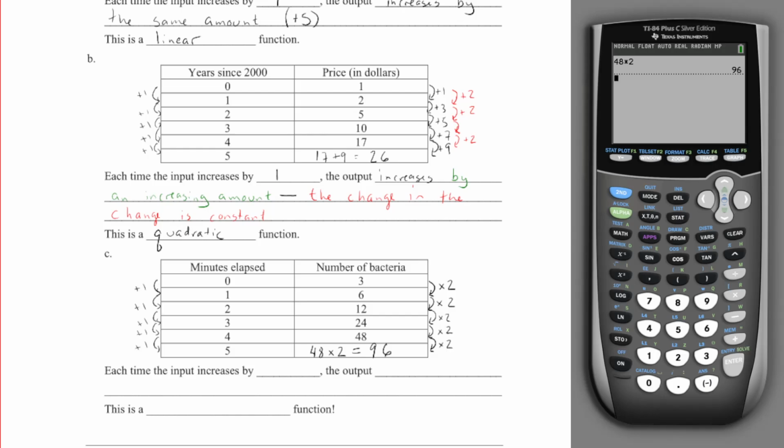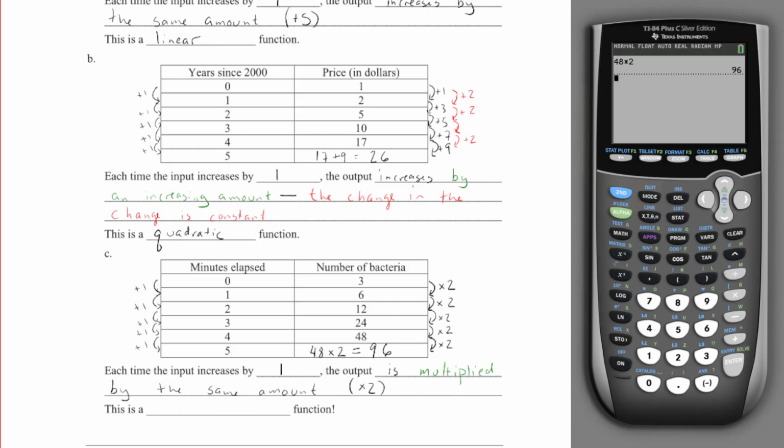Each time the input increases by 1, the output is multiplied now by the same amount. Times 2 in this case.